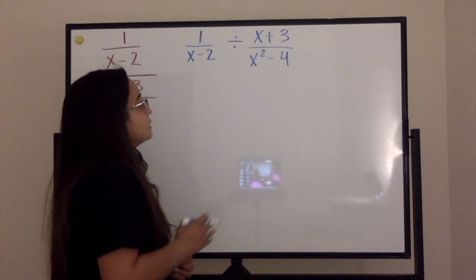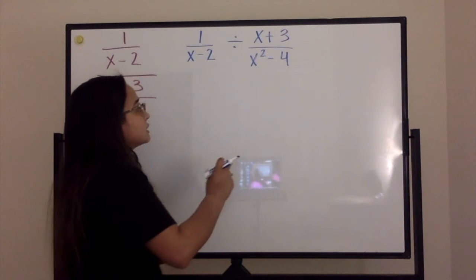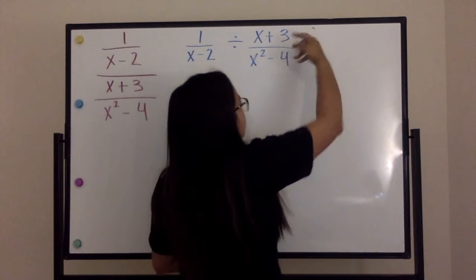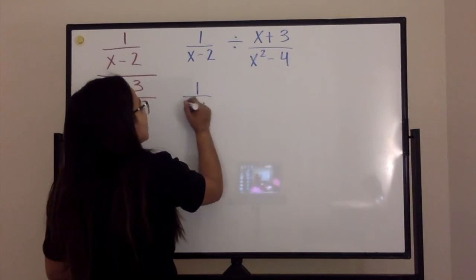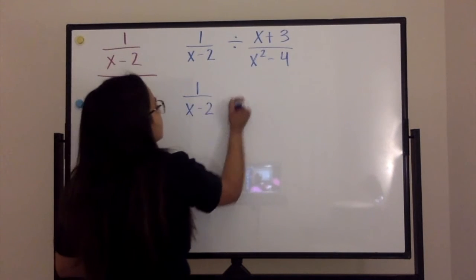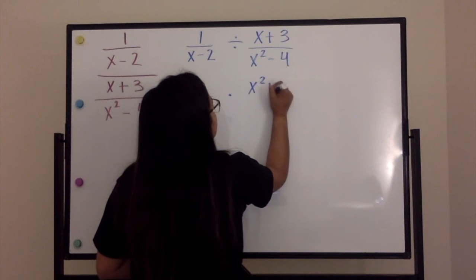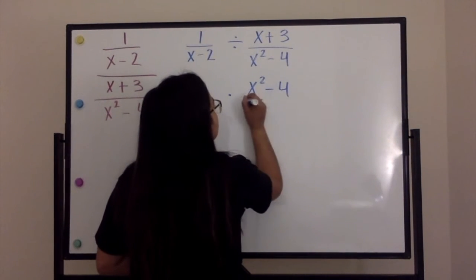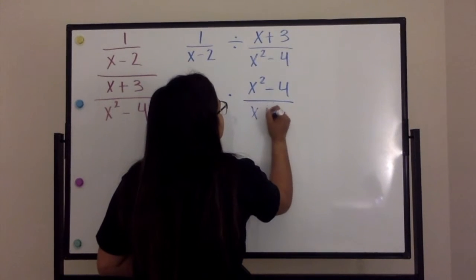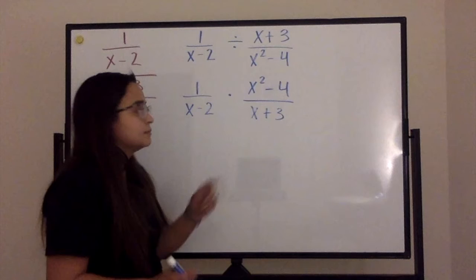Alright, so we're dividing. So what we have to do now is find the reciprocal. So pretty much flip it, so we can multiply. Okay, we're up to there.